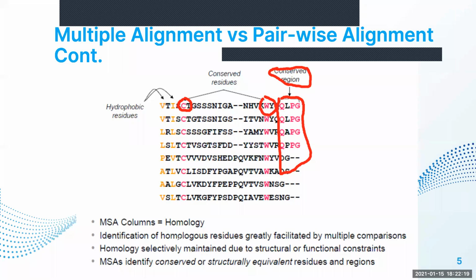So to identify homologous residues, we can greatly facilitate by multiple comparison. We can do multiple comparison and find those homologous areas. Then we can get an idea about structural and functional constraints.